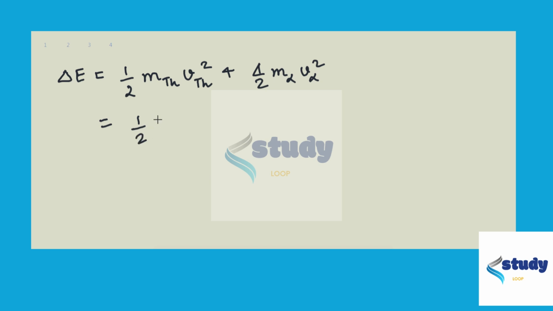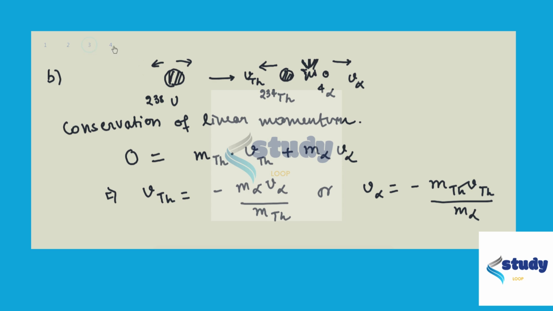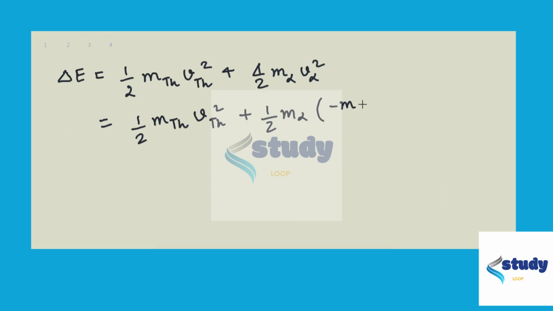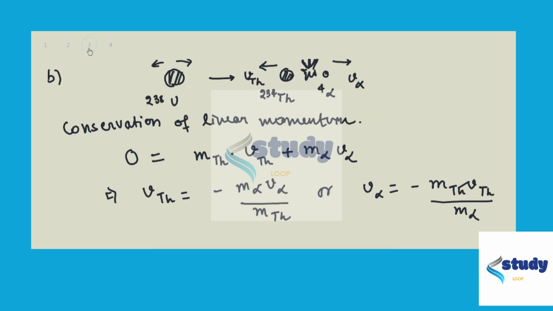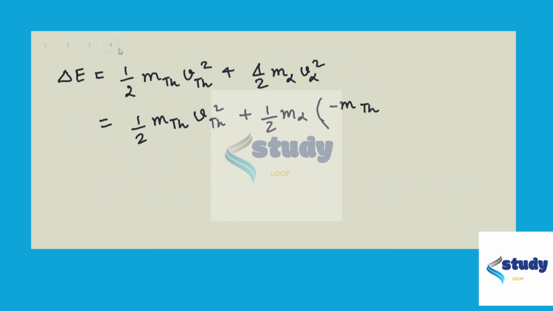We get m thorium V thorium square plus m alpha times m thorium V thorium over m alpha, squared. The negative sign falls off due to the square.